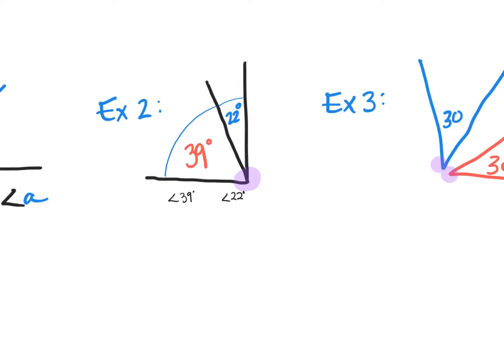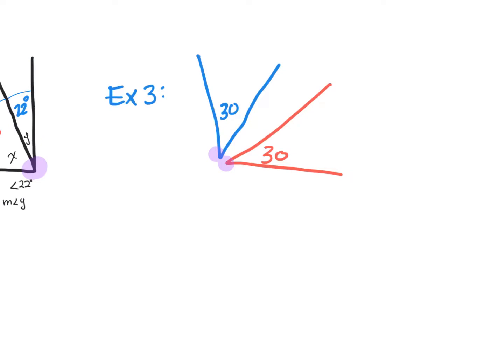Or you can label them. This could be angle X and this could be angle Y. So the measure of angle X and the measure of angle Y are adjacent. That stands for measure.